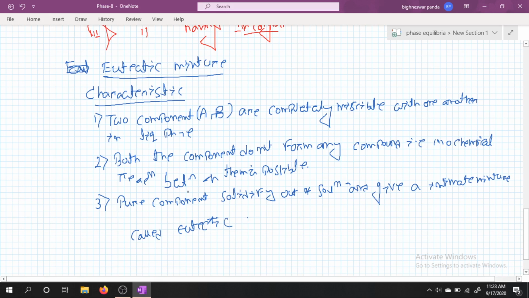So the eutectic mixture has the following character: the two components A, B are completely miscible with one another in the liquid phase. Both the components do not form any compound with one another, that is, there should be no chemical reaction between the two components. And another important point is that the pure components solidify out of solution and give an intimate mixture called eutectic.